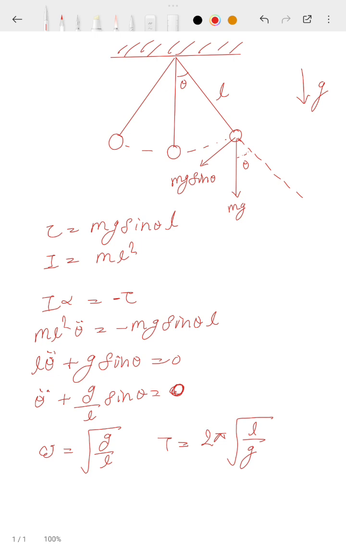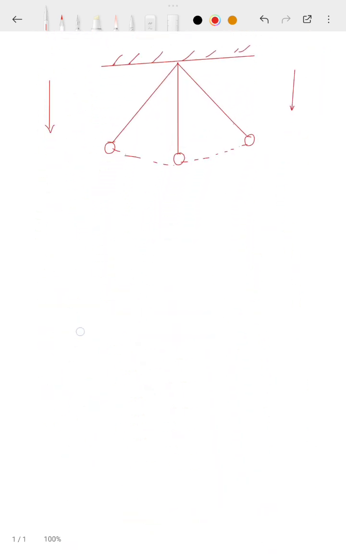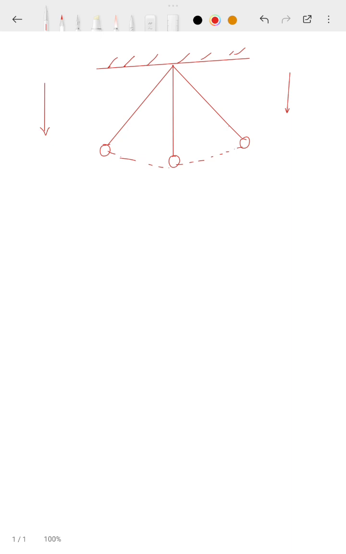But imagine a hypothetical case. I have made it here. Let's imagine a hypothetical case where Earth is like this, this is the mean position, and this is Earth.